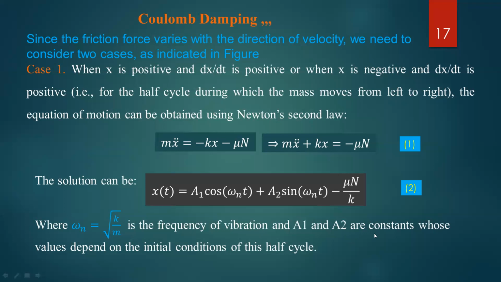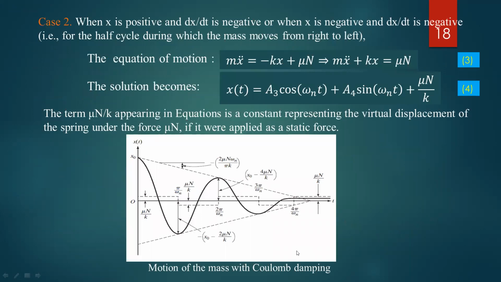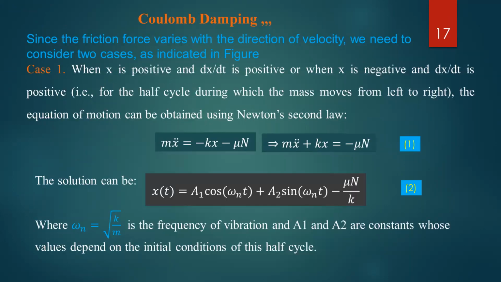Because our mass moves in the forward half cycle and comes back to its initial equilibrium position in the half cycle. We are not considering from negative to positive cycle here. So our consideration is for the half cycle vibration. That is the first case, and this is the solution for m x double dot plus kx equals minus mu N.